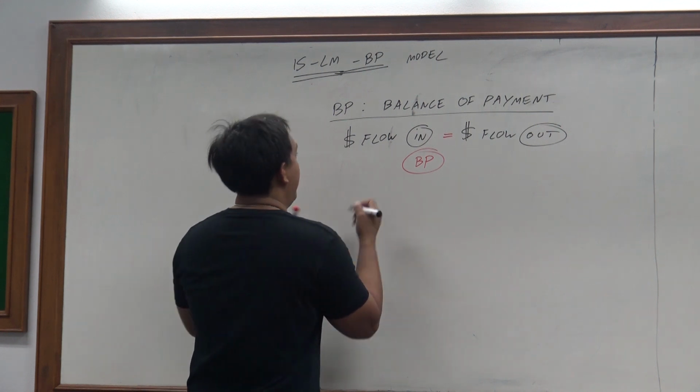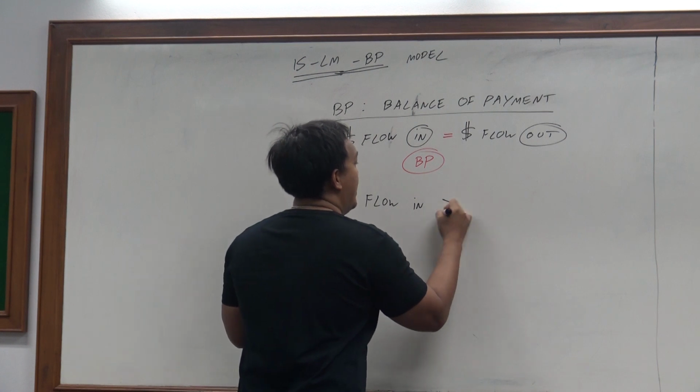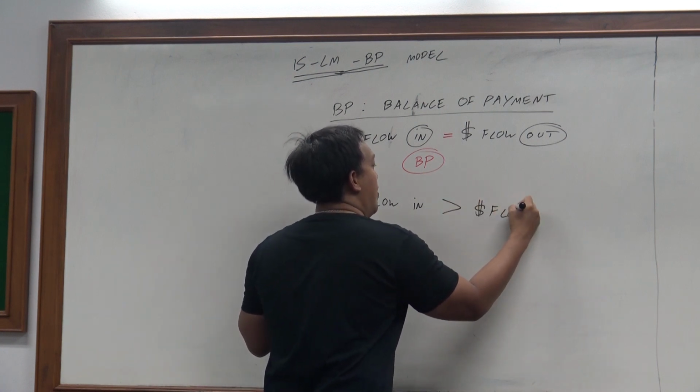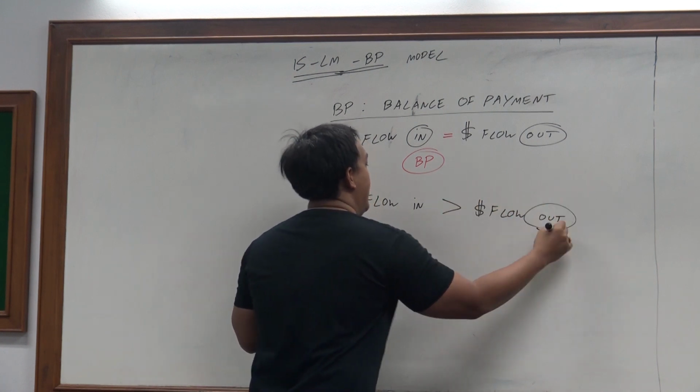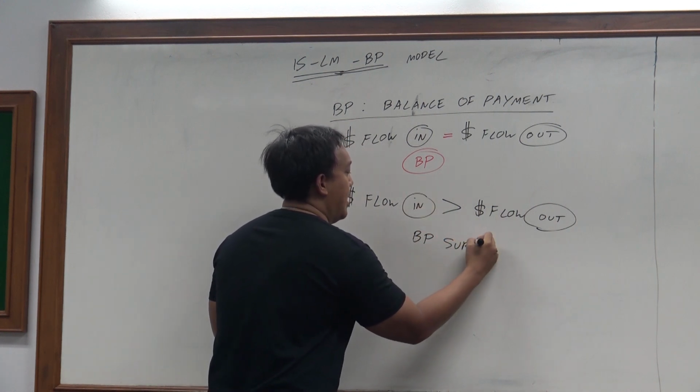If the level of money that flows in is greater than the level of money that flows out, it means that your balance of payment becomes surplus.